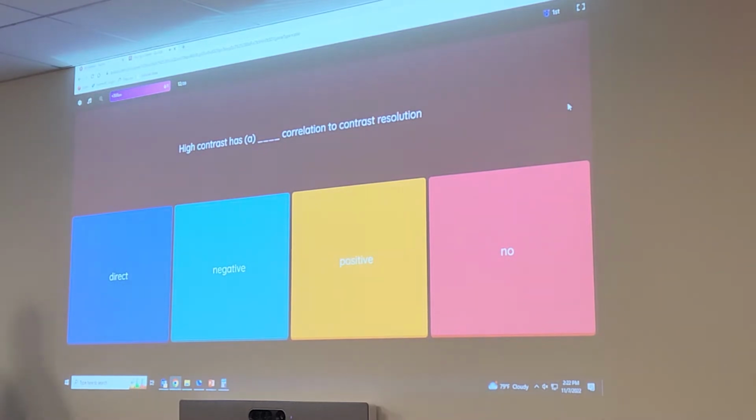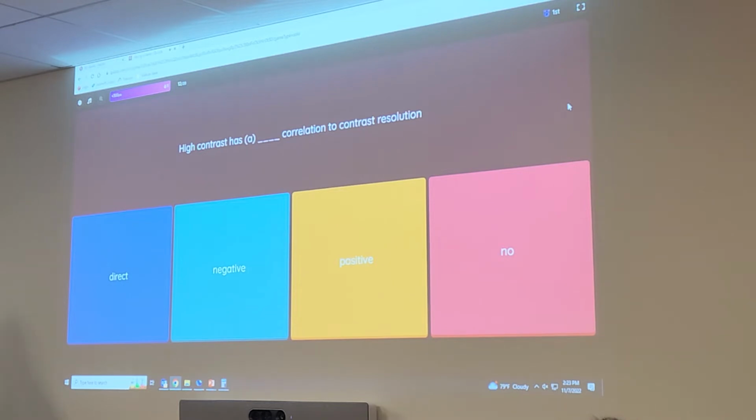Cody? High contrast has a blank correlation to contrast resolution. I don't know if we've gone over contrast resolution yet. Yeah, we did. We did spatial resolution, contrast resolution, with the shades of gray. I would say it's direct, either that or positive.